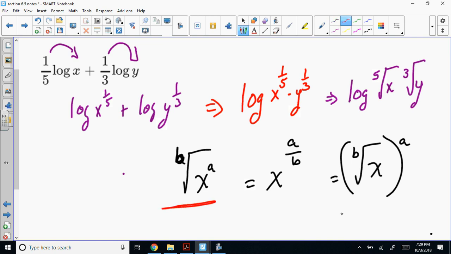These two are alternates. Either one's fine. When I have to evaluate some numbers, I like to take the root of it and then raise it to whatever power. That's just how my brain works. But anyway, make sure you can do that. It'd be great if you could do that.